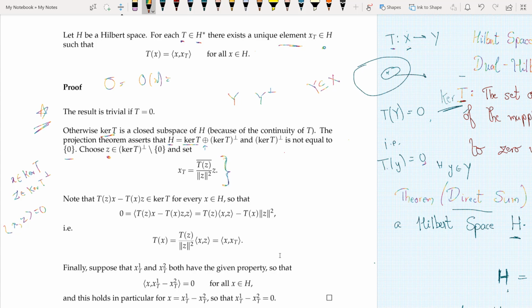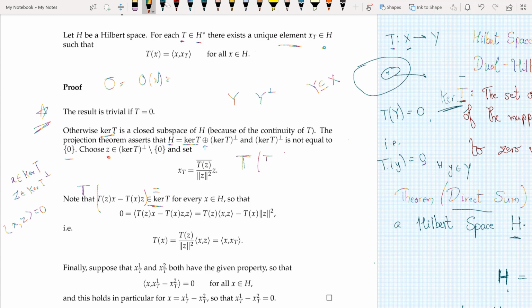Note that this thing belongs to kernel T. Why does it belong to kernel T? Very simple. If you want to check that anything belongs to kernel T, you just put a T around it. I'm sorry for writing in a compact way, but I think the main idea is across. Or rather, let me write it in a nice way.